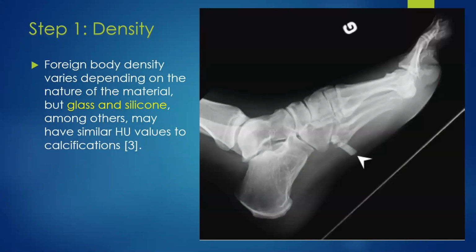Foreign body density varies depending on the nature of the material, but glass and silicone, among others, may have similar Hounsfield units to calcifications. You can see that there's a quadrilateral calcification here, indicated by the arrowhead.